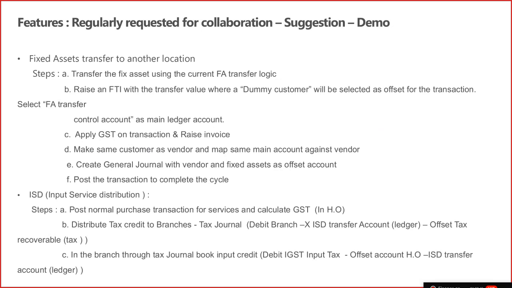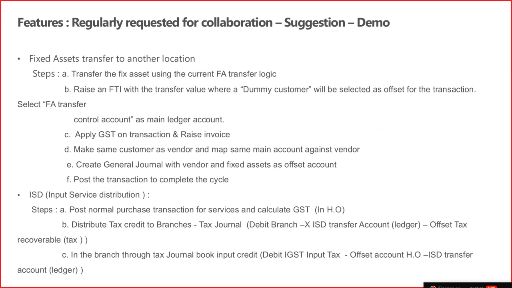credit account, because when you buy services at the head office, you will post the tax into a recoverable account. So that recoverable account has to be nullified when you are transferring the credit to your branches. So you debit your branch account and credit whatever input credit you have claimed, and this can be done through a tax journal.